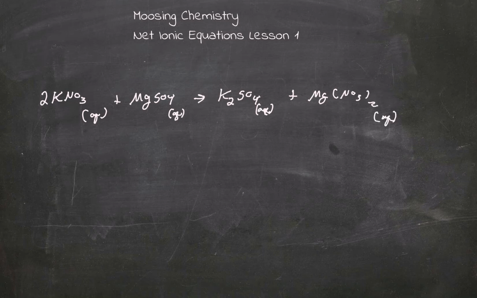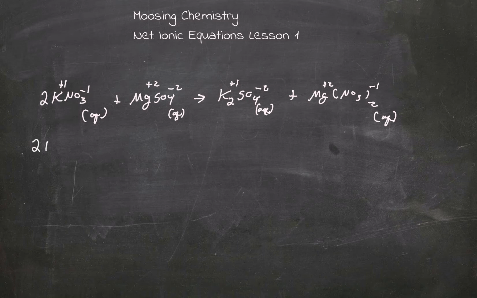So let's go back and check our charges here. Minus 1 plus 1, minus 2 plus 2, minus 2 plus 1, minus 1 plus 2. All right, so let's do ionic equations.